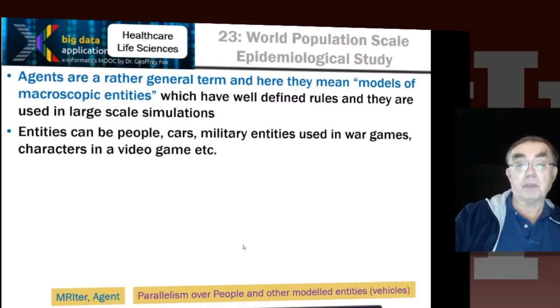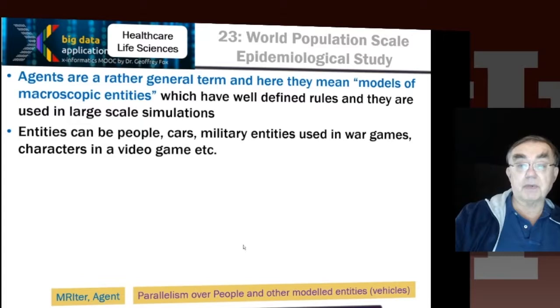But if we want to build a model of the world, then we're going to have to take the people as the entity, and people don't obey Newton's laws or Dirac's equation. However, you can make a set of rules as to what people do and then apply them. And so this allows you to build either event-based or agent-based simulations.